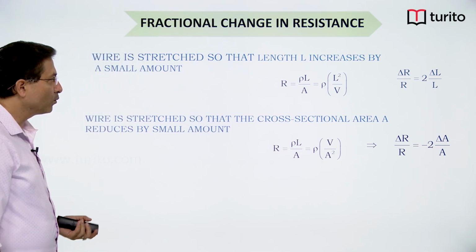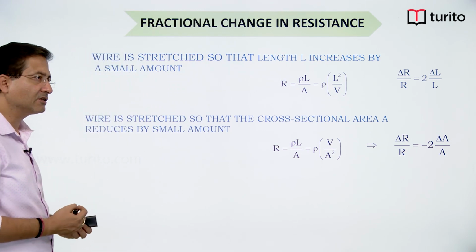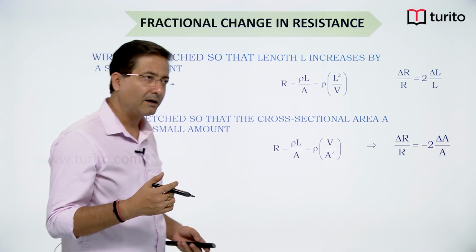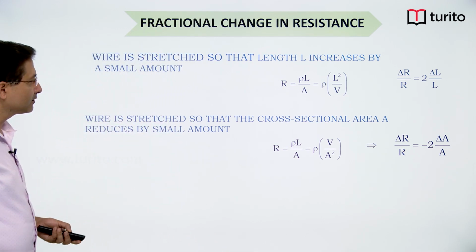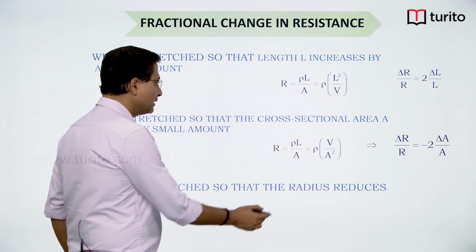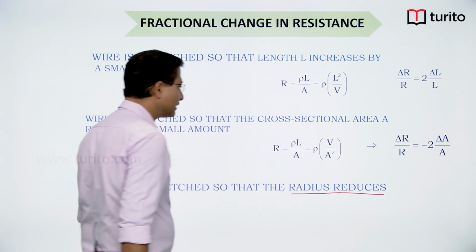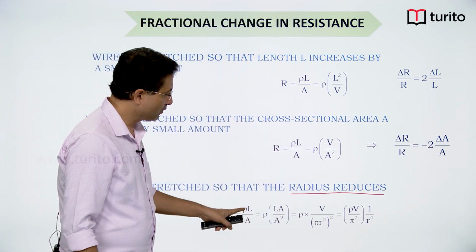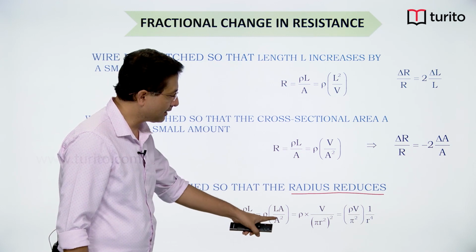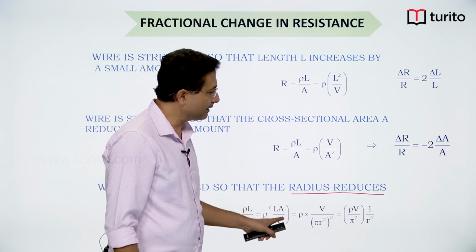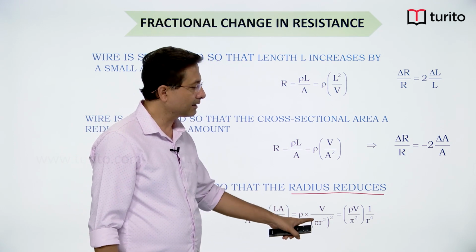Now, what would be the relation between fractional change in resistance and the radius of cross section of the wire? If I am taking a cylindrical wire, and the wire is stretched so that there is a decrement in the radius, the same expression rho L by A, I will convert into A square and make it volume, and here, if it is a cylindrical conductor, I can write pi r square.